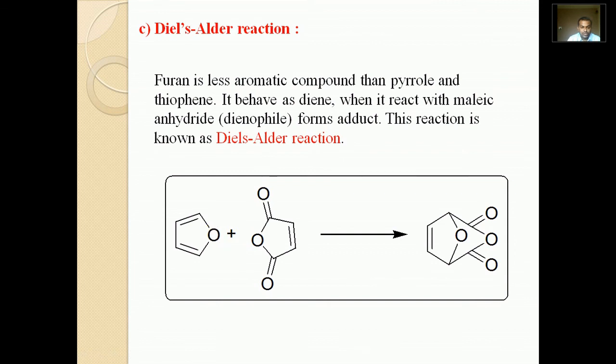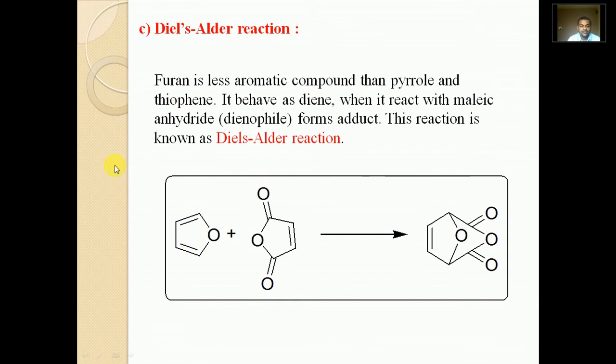As it is more electronegative, it abstracts the pi electron cloud towards itself, so there is less delocalization of the electrons and it is less aromatic. As it is less aromatic, these two pi bonds act as a diene. Hence furan undergoes the Diels-Alder reaction.